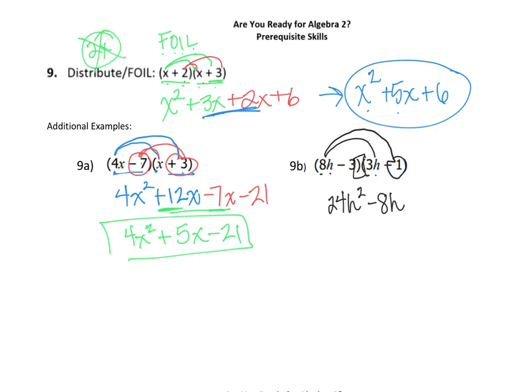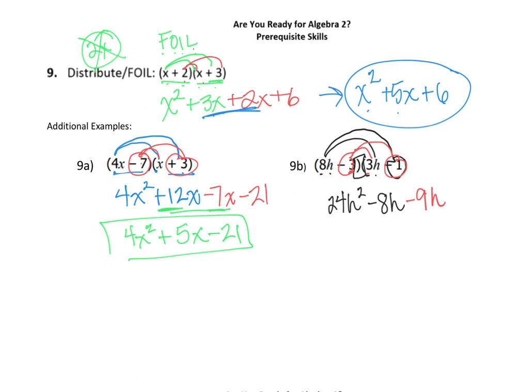Then my insides, because we're FOILing. Now I have -3 times positive 3h. So my coefficients are -3 times positive 3, that's -9. 1h is the only h I can see, so it's staying. And then -3 times -1. So here's where I'm watching that sign change.